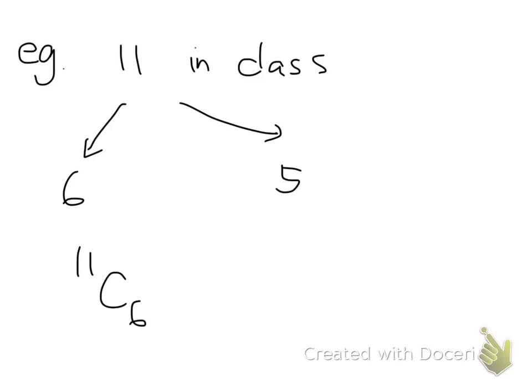Then times 11C5? Multiply them together? No, it's the same. Are they not the same? Yes, it's the same. So 11C6 is 462, so that's it. 462 ways.